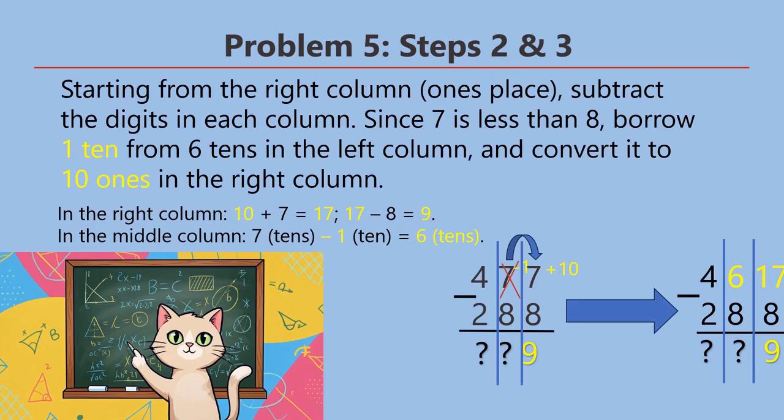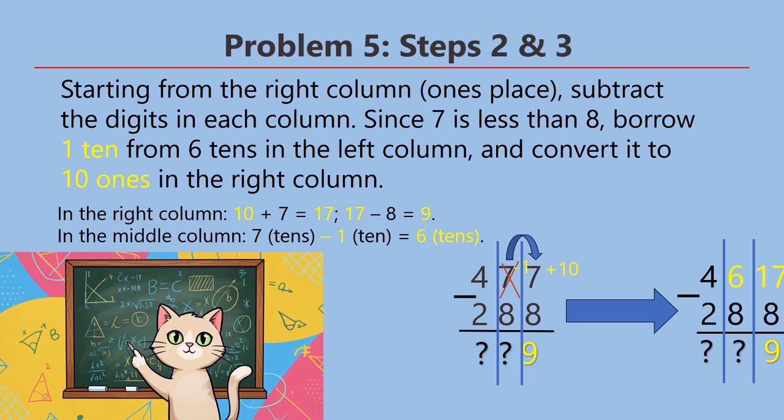Steps 2 and 3. Starting from the right column, the ones place, subtract the digits in each column. Since 7 is less than 8, borrow one 10 from 7 tens in the middle column, and convert it to 10 ones in the right column.